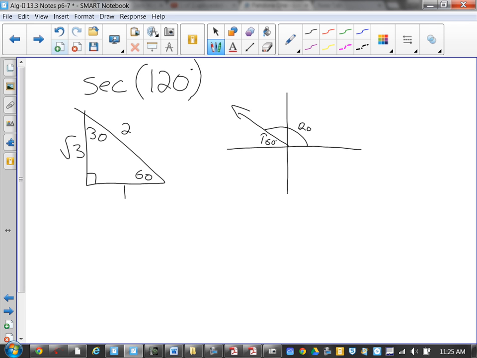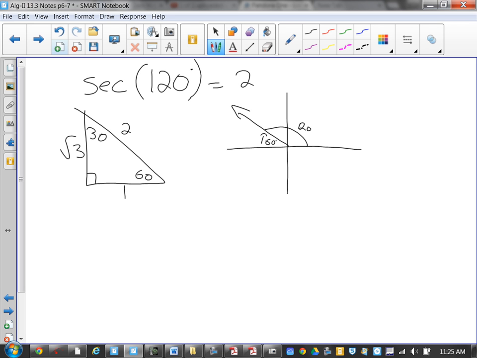Are we okay with that? Secant is the inverse of what trig function? Cosine. So cosine is adjacent over hypotenuse. So what's secant? Hypotenuse over adjacent. It's 2. And what does it equal? 2.